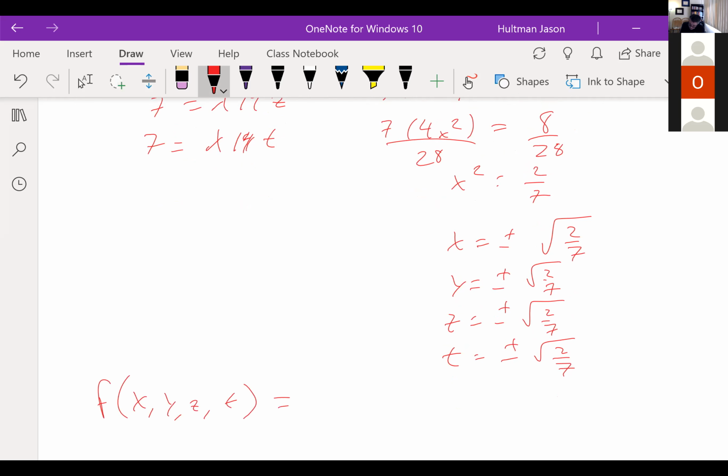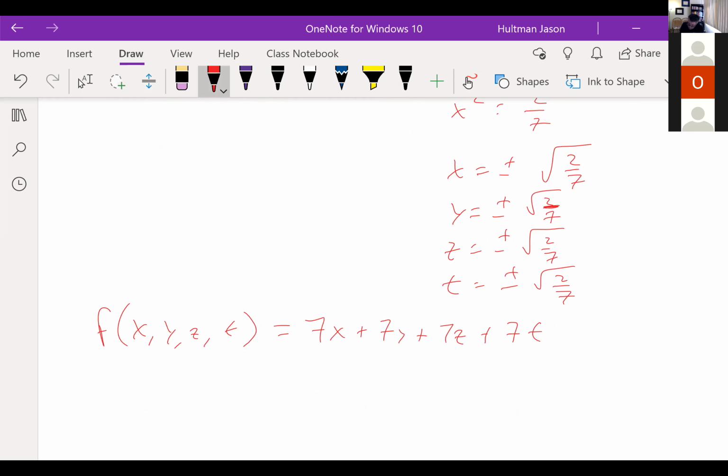I want to minimize this function. Well, what function? The function 7x plus 7y plus 7z plus 7t. Which values will make this a minimum? The negative? Yeah, very good. Thank you. The negatives will make this a minimum.